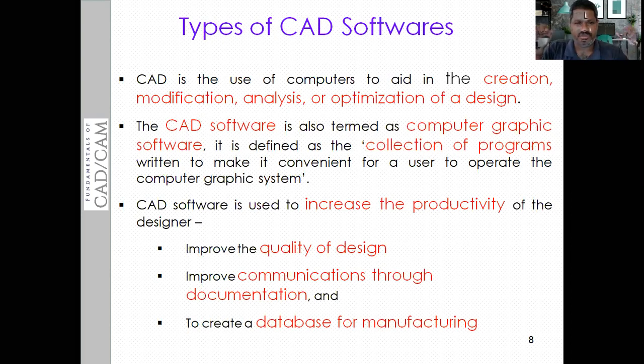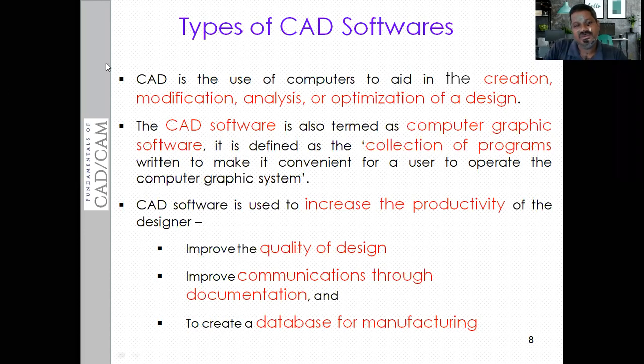Actually these CAD software are going to use computers. Obviously, software definitely uses a computer. These software are used to create, modify, analyze, and optimize the design. As of now, this CAD includes design, I mean modeling, and the analysis.